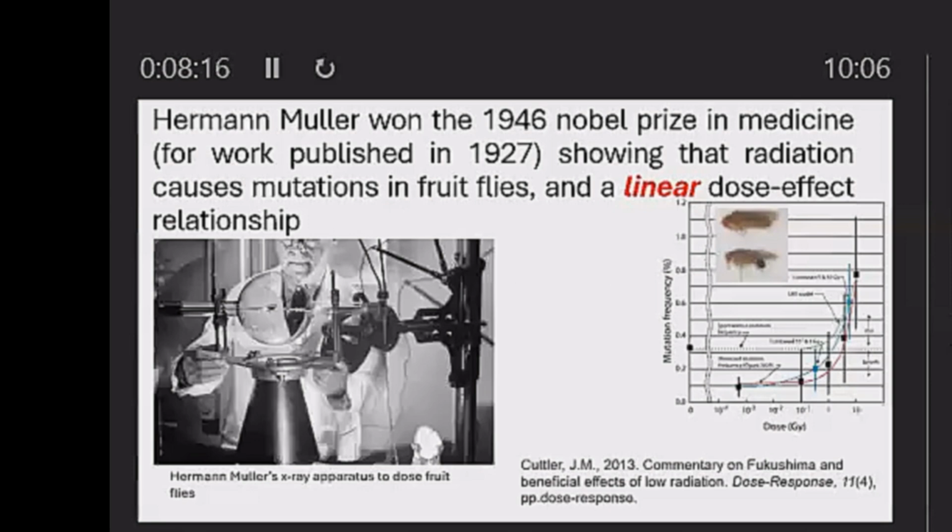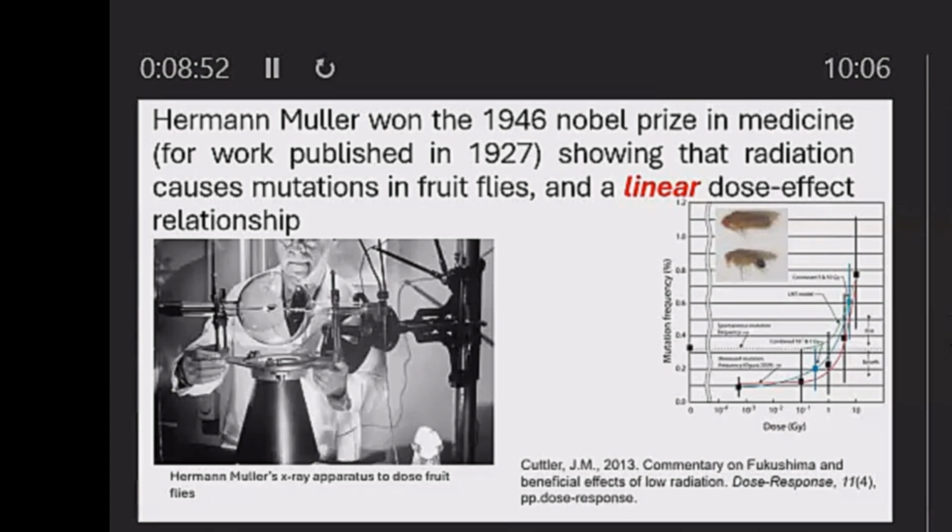Okay. The seminal work in radiation biology was Hermann Muller's 1927 work. He won the Nobel Prize for it. He took germ lines and he put them in this contraption and he dosed them with X-rays. And he looked at mutations. This is a log scale, but if you take the log out, it's linear. And he found a linear dose effect relationship, right?